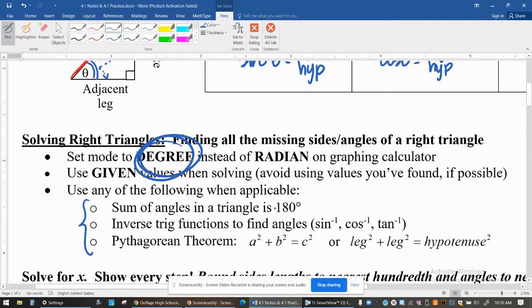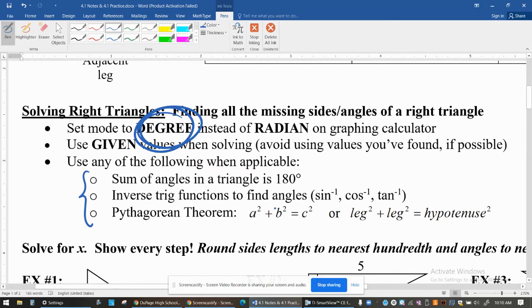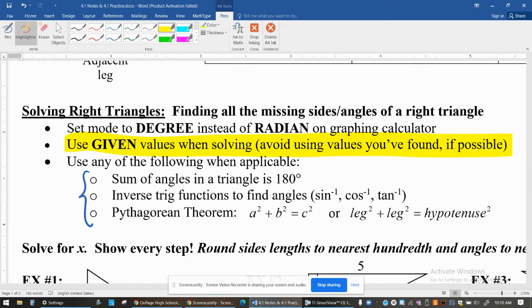Now, one of the biggest pieces of advice that we're going to give you is to please, please, please, whenever possible, use the given values. Don't use the ones you have found. For example, let's say we were given one angle, you found another one. Use the given angle to set up your ratios and your trig functions.